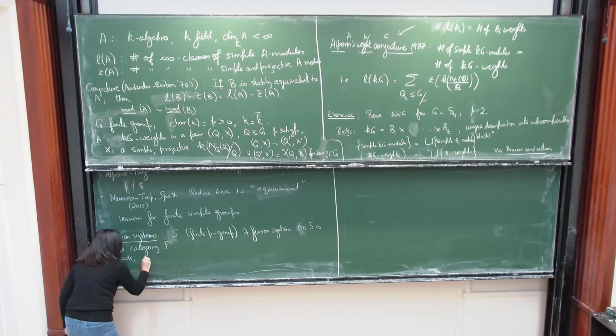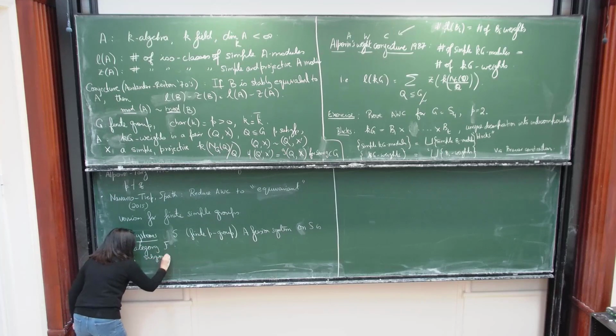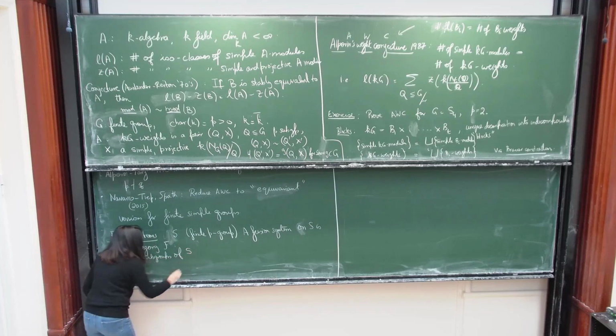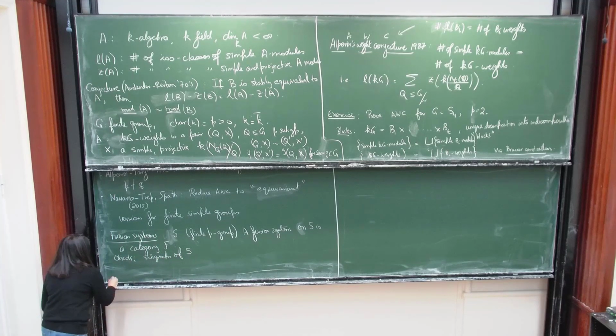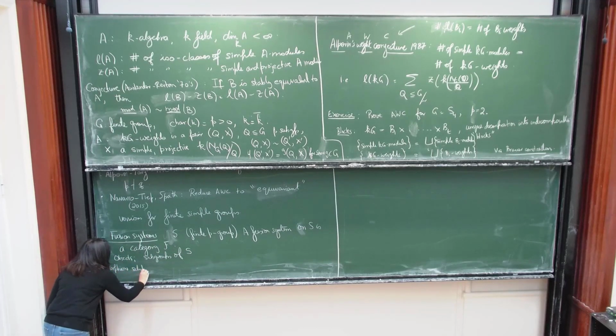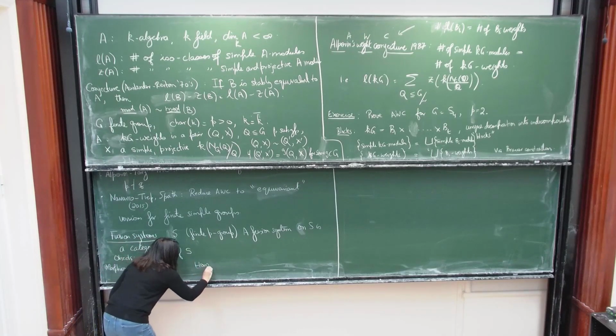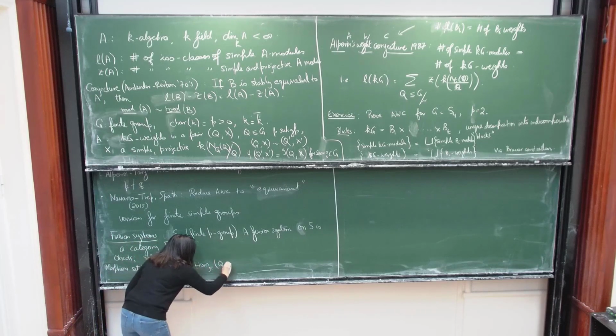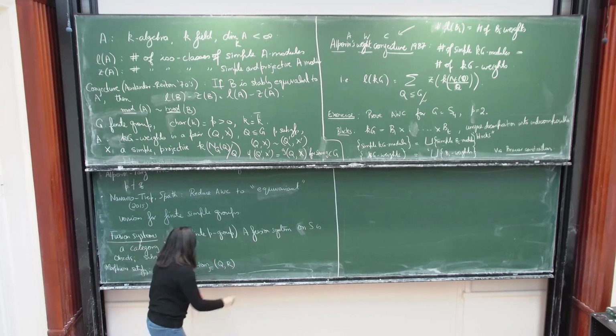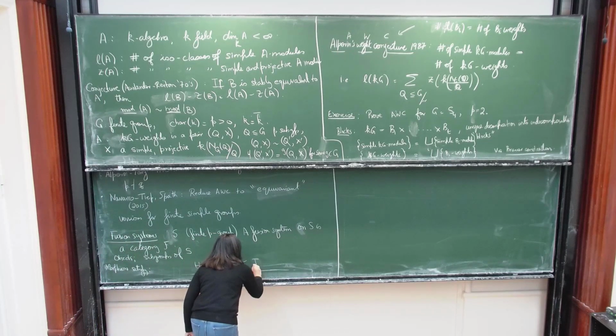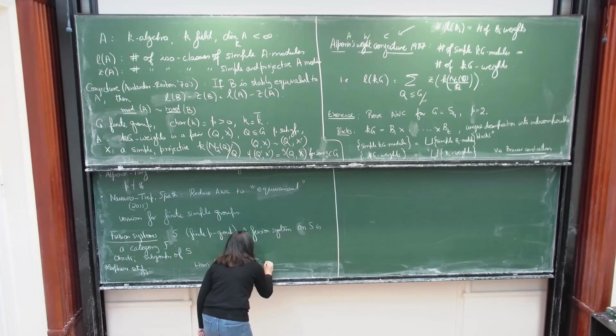The objects are just the subgroups of S, and the morphisms, which I write as Hom_F(Q,R), are such that every morphism is an injective group homomorphism from Q to R.